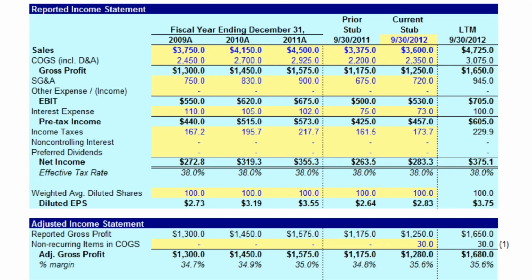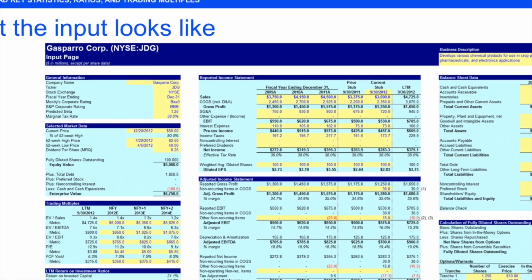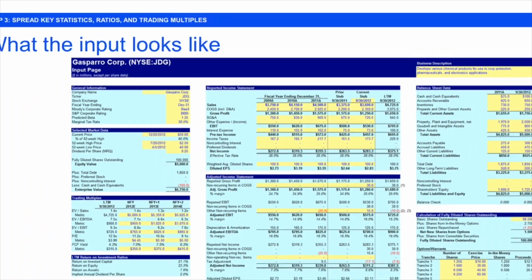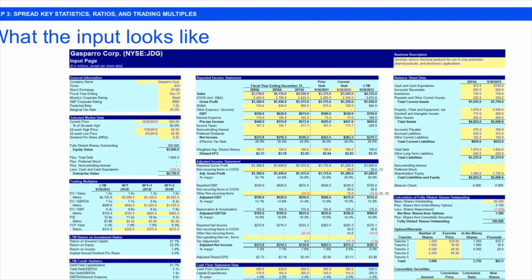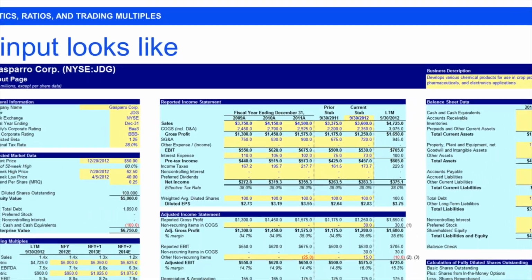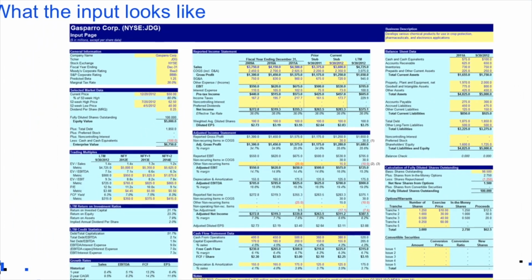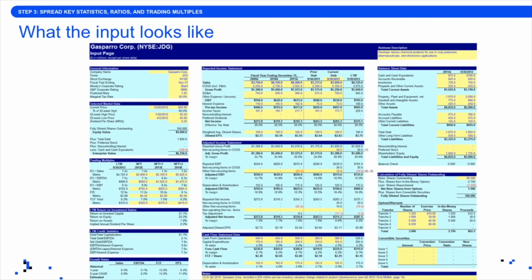Forget for a second what a stub is, I'll get back to that in a second. Okay. Anyway, we will go in great detail through this spreadsheet next week in the tutorial. So for now, the important thing is to remember that you're supposed to take information from financial statements or FactSet or wherever and plug it here.